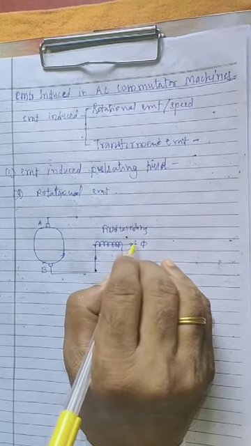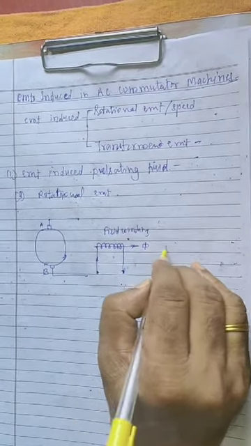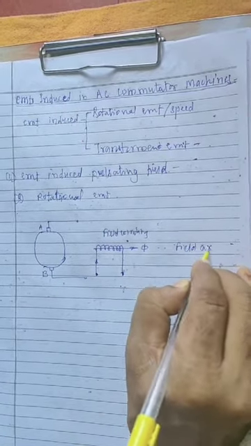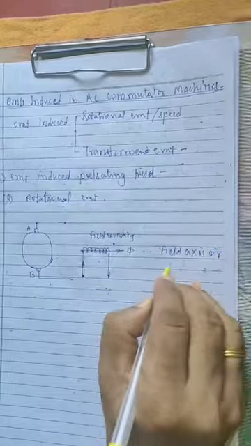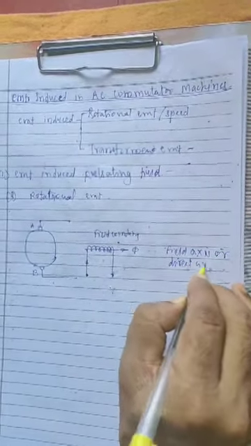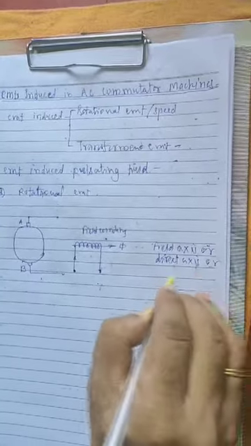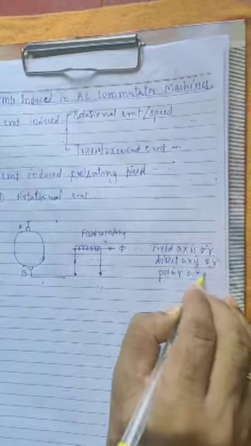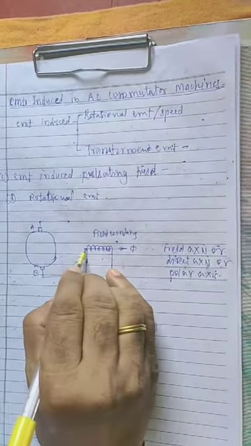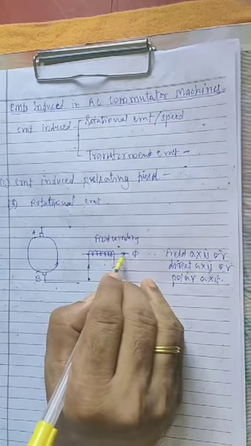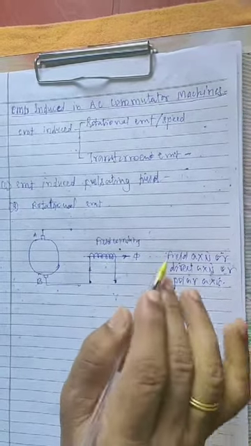The field axis is called the direct axis, or it is called the polar axis. So the field flux is along the direct axis.